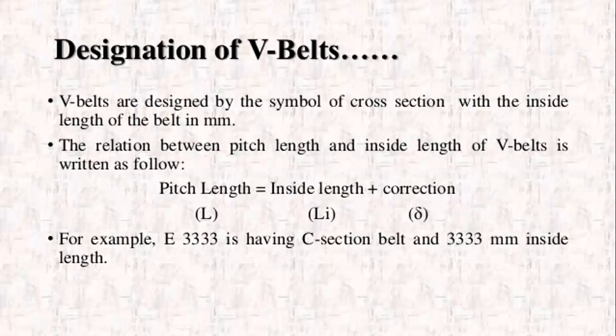The relation between the pitch length and the inside length of V belts is written as follows. You can see the empirical formula for this relation: pitch length L is equal to inside length L'i plus a correction, taken as delta.